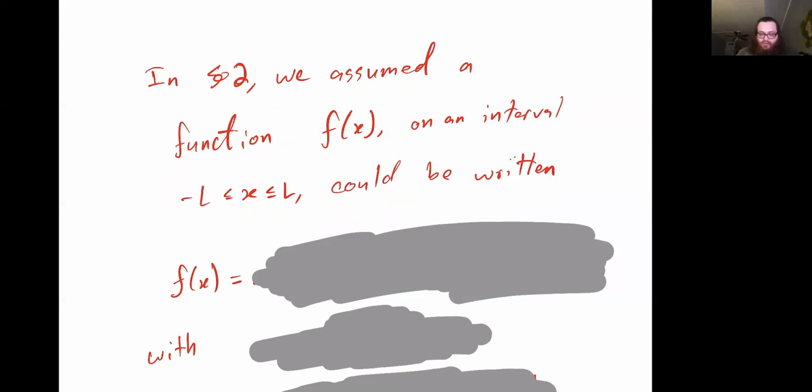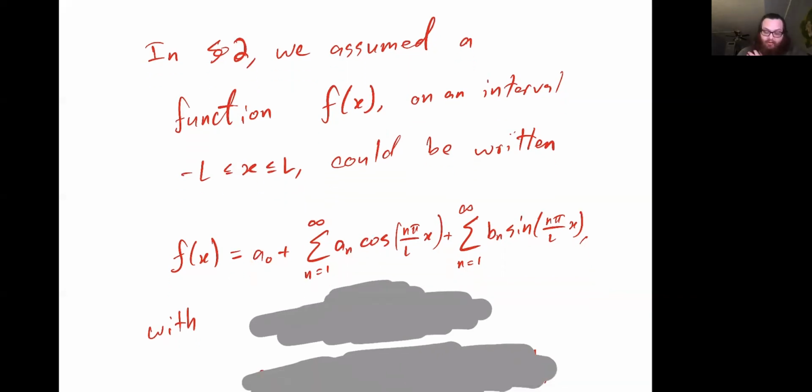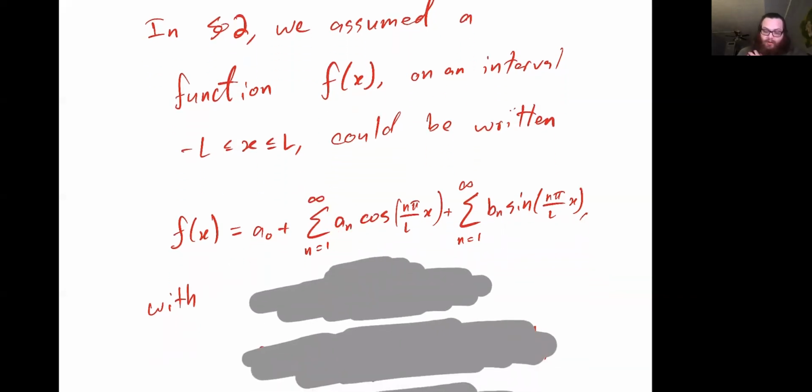In that section, we were looking at a function on an interval, and we assumed that the function f could be written in this form, where you have some constant, a bunch of these cosine terms, and a bunch of these sine terms. In some sense, this constant also fits in with these cosine terms, but whatever. So we assumed that a function could be written in that way, and then it was just a matter of computing what these coefficients were.